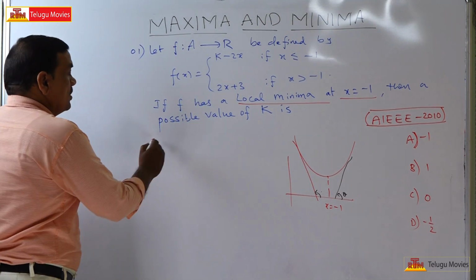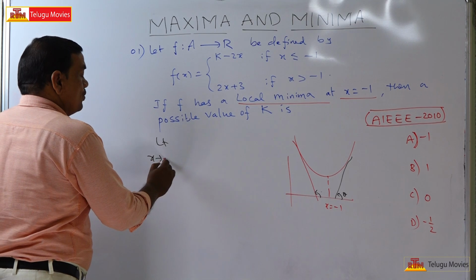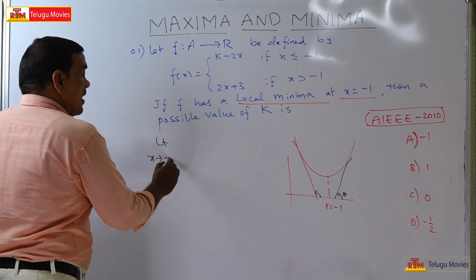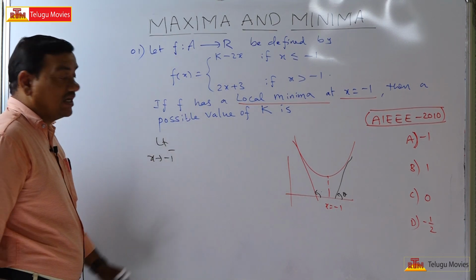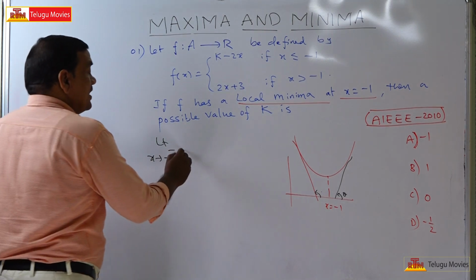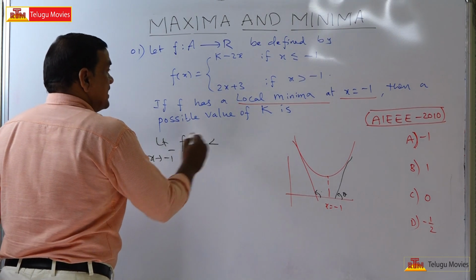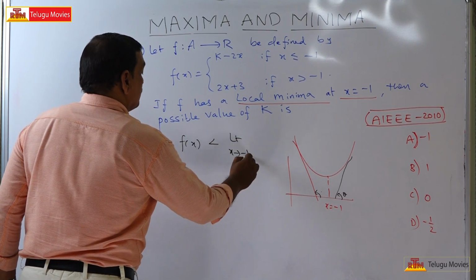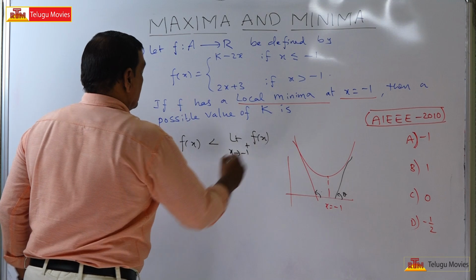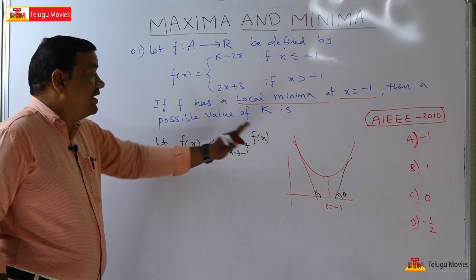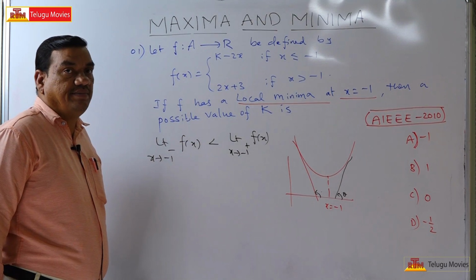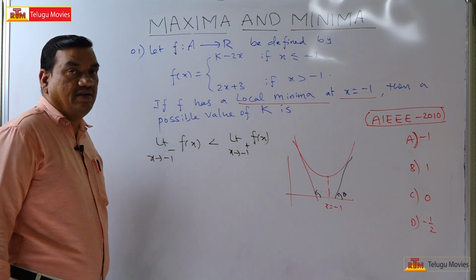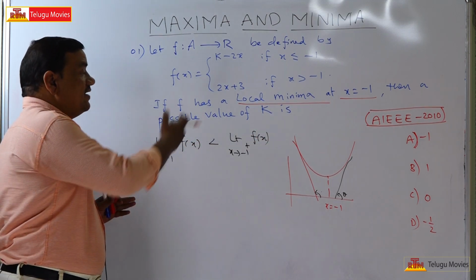That means the limit as x tends to minus 1 minus, the left hand side limit of f(x), is less than the limit as x tends to minus 1 plus, the right hand side limit of f(x).